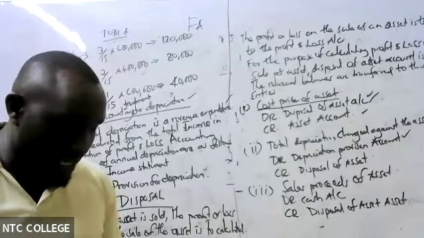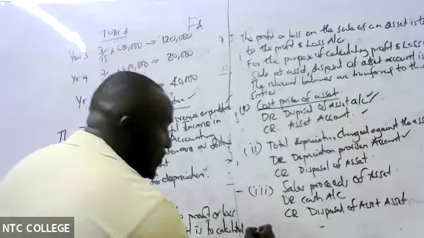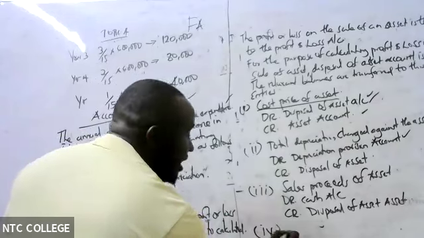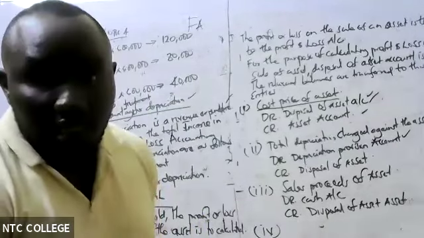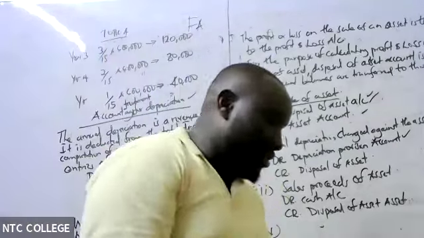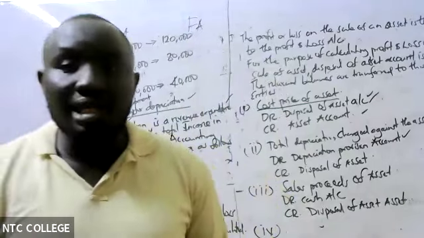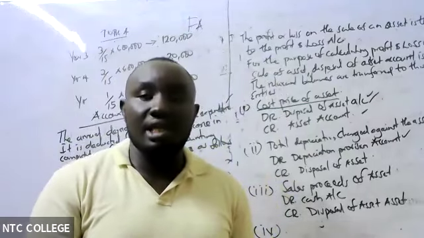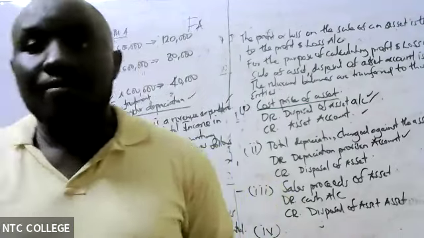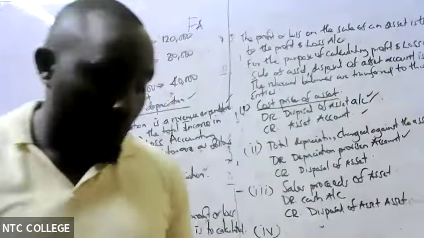I want us to have an NB. That is number 4, NB. I dictate that NB, then I give an example. As I give you the example, you go for break, then you come back.